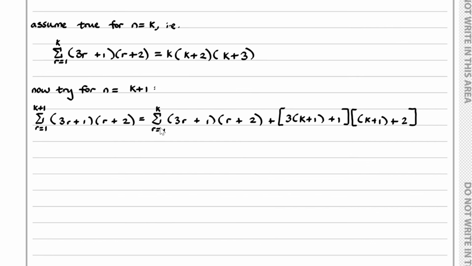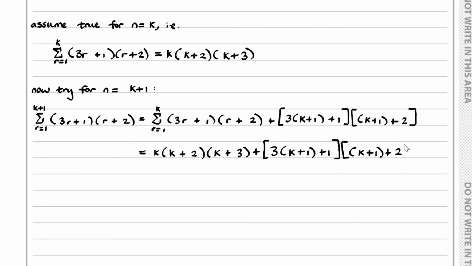Now, if we use our assumption step and replace this result over here with what we have here, we have k lots of (k plus 2) lots of (k plus 3), and then we've got the terms here, 3 lots of (k plus 1) plus 1, lots of (k plus 1) plus 2.